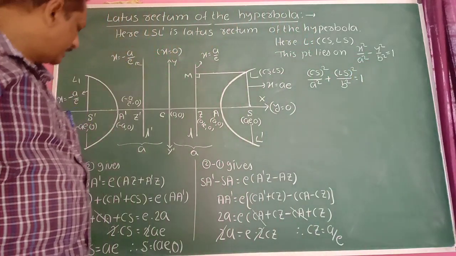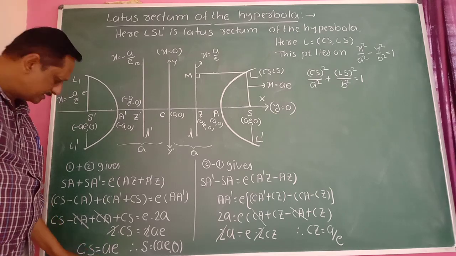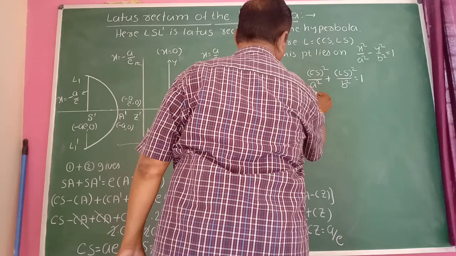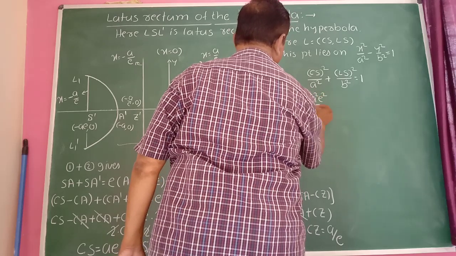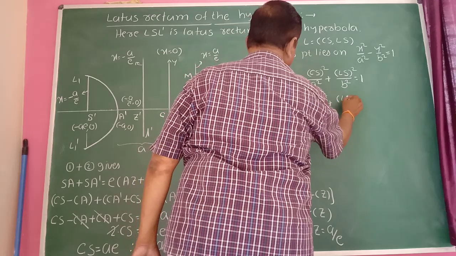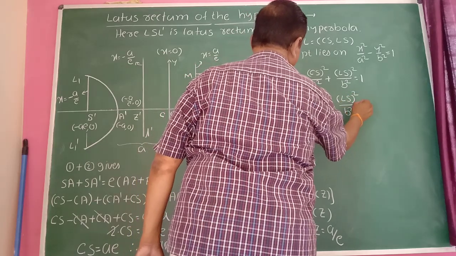You already proved here that CS is equal to A into E. CS is AE. Therefore CS² becomes a²e² divided by a², then plus LS² divided by b² is equal to 1.